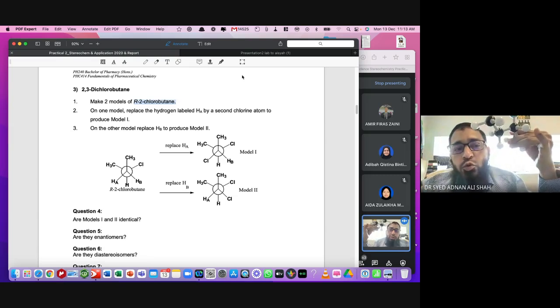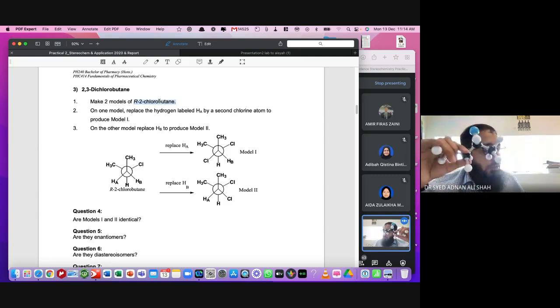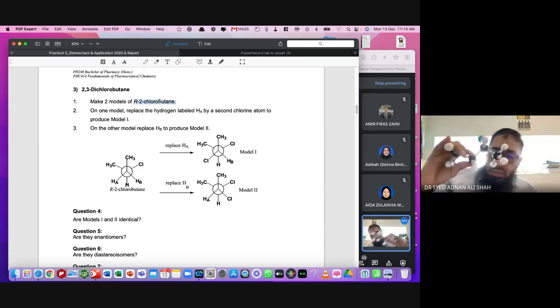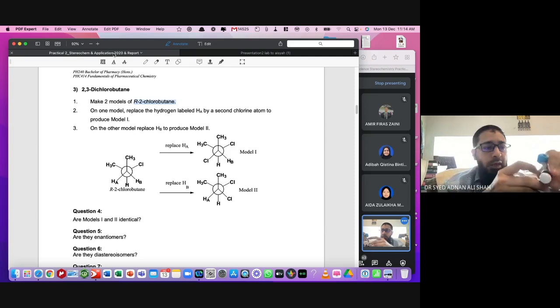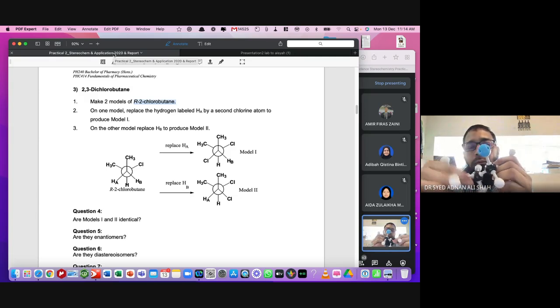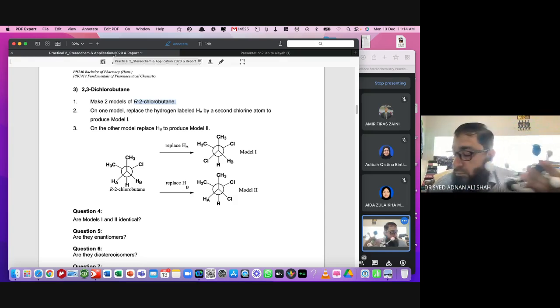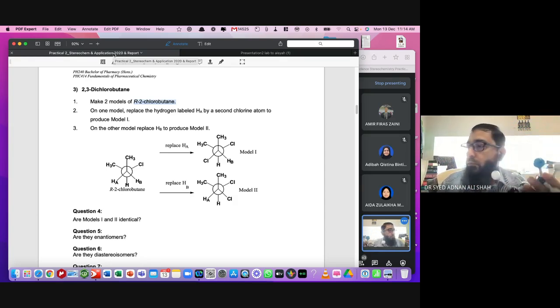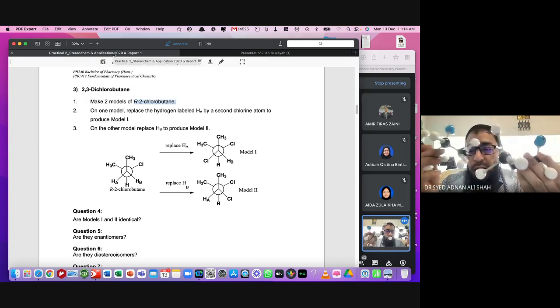So here the question is two models of R. Two models of R means two models of R, right? So this is the one model. So how will the second model be? Both of these models are the R models.